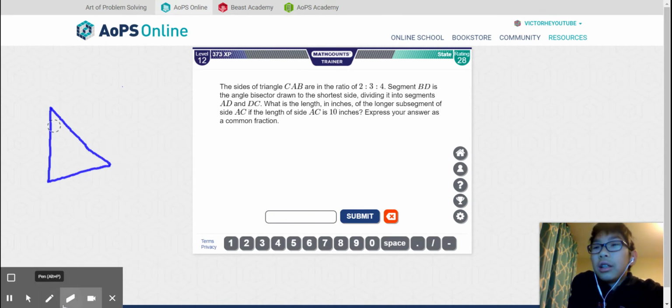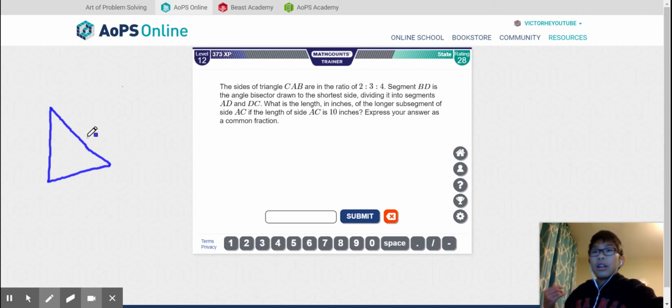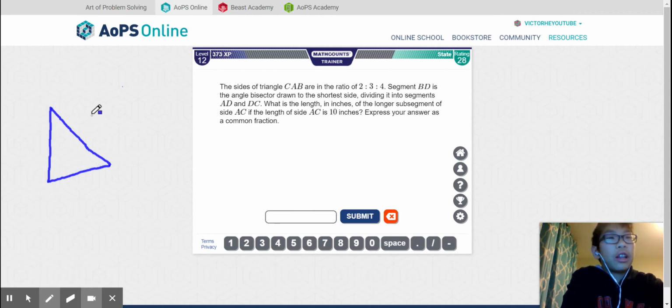This doesn't look like it has any special properties, but it's not horrible. In a contest, if it doesn't say right triangle, isosceles, equilateral, etc., then you should draw something like this, something scalene. Let's label this quickly. Let's call this CAB.